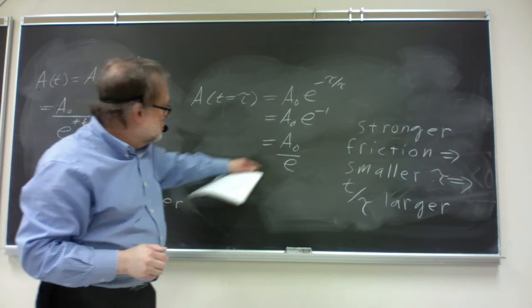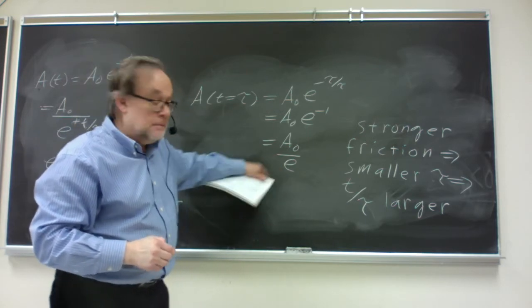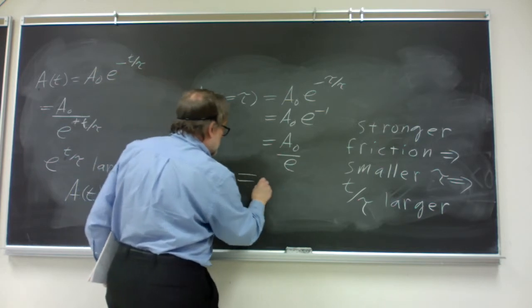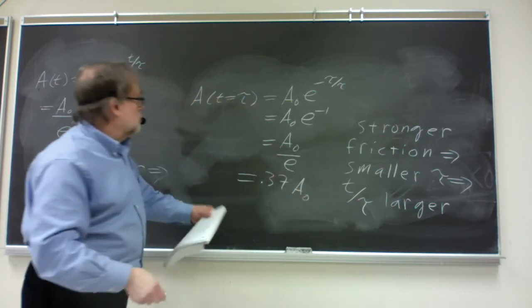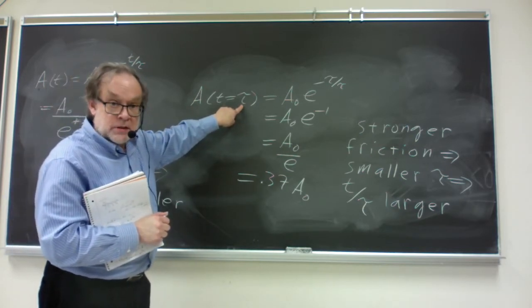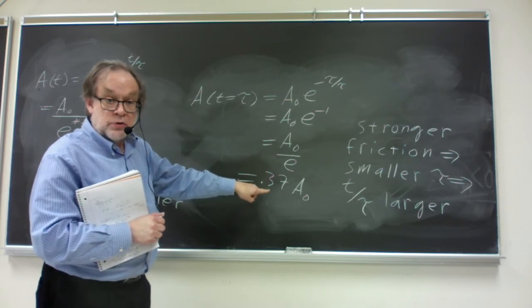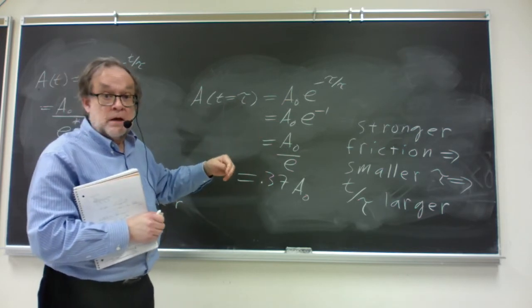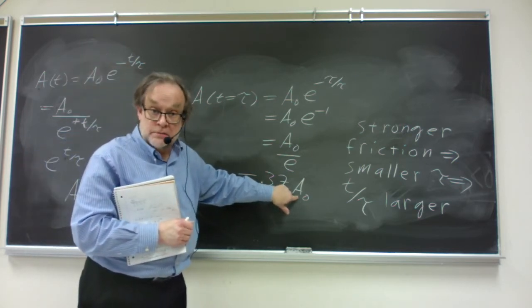Ask your calculators to find out what the value of 1 over e is, and you'll find that this comes out to about 0.37 A0. In other words, after tau seconds have elapsed, the amplitude is down to just 37%, or roughly 1/3, of what it had been at the start.